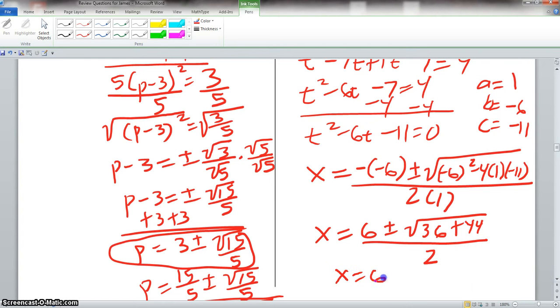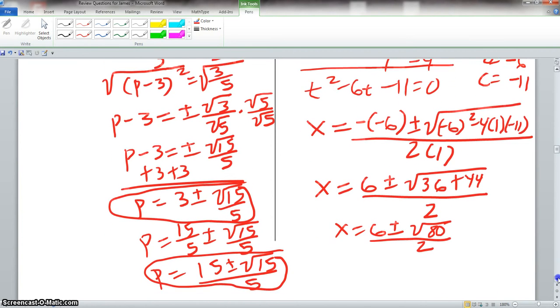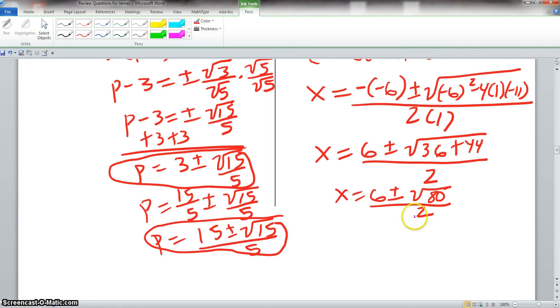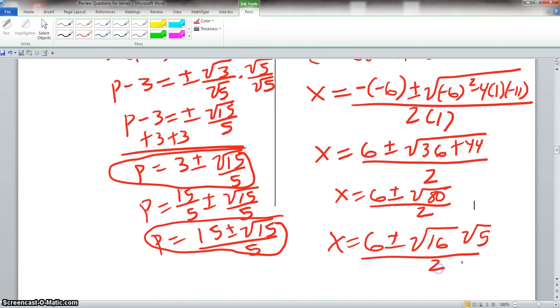So we have 6 plus or minus the square root of 80 all over 2. Now we know the highest perfect square in 80 is 16. So we have x is equal to 6 plus or minus the square root of 16 times the square root of 5 all over 2. Now we know the square root of 16 is 4.